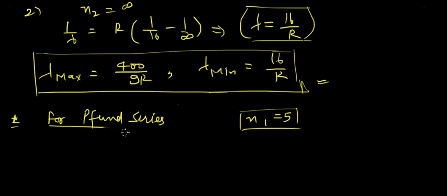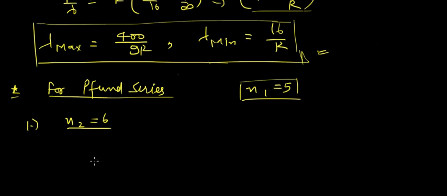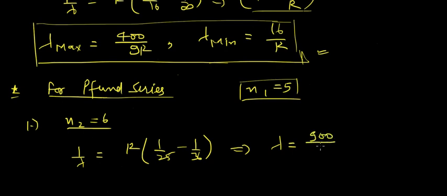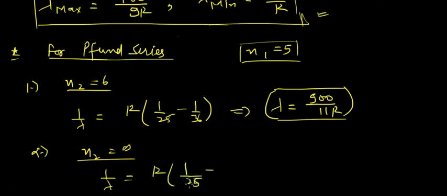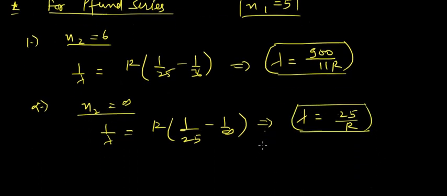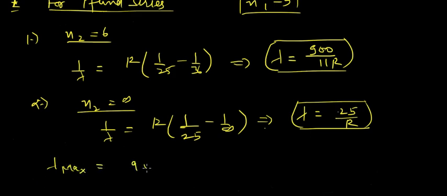In the first case, n2 equals 6. Then 1 upon lambda is R Z square times 1 upon 25 minus 1 upon 36, which implies lambda equals 900 upon 11R. In the second case, when n2 equals infinity, 1 upon lambda would be R times 1 upon 25 minus 1 upon infinity, which gives lambda equals 25 upon R. So lambda max in this case would be 900 upon 11R and lambda min would be 25 upon R.